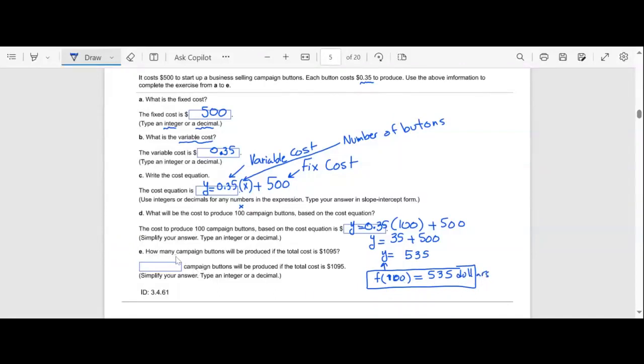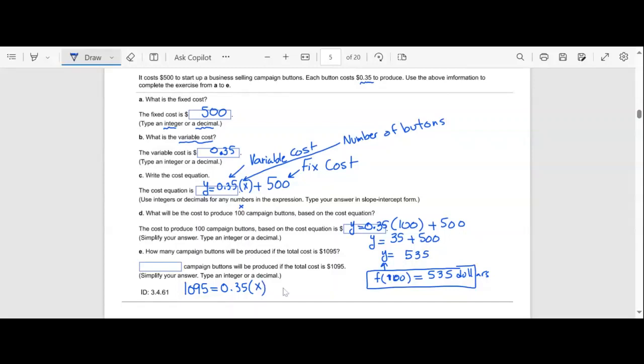How many combined buttons will be produced if the total cost is 1,095? So he's giving you the total cost. The total cost is going to be y. So here we're going to say 1,095 equals 0.35 times the number of buttons, which we don't know.